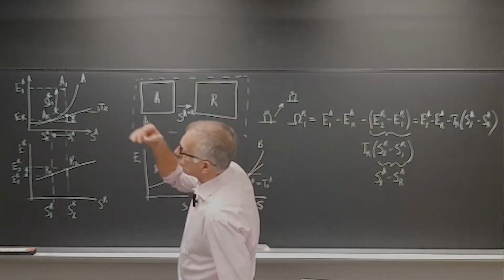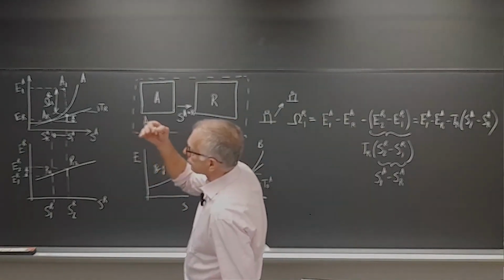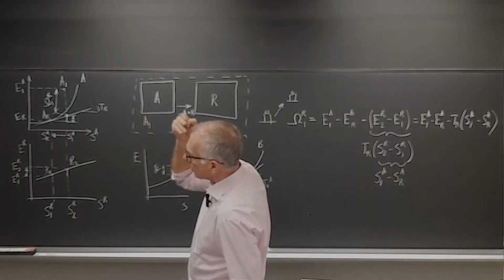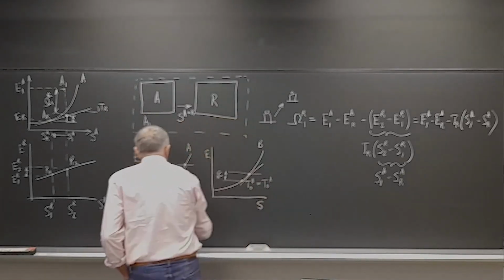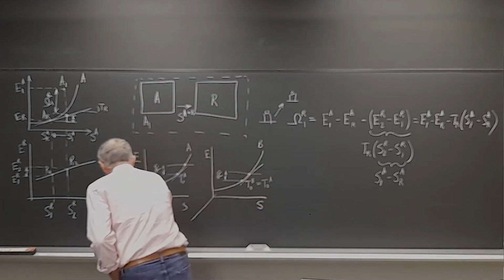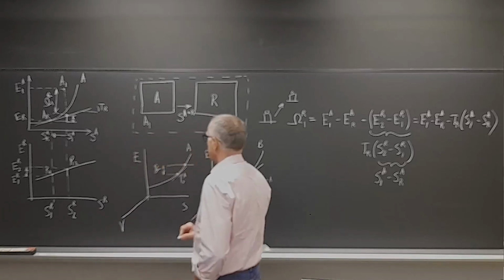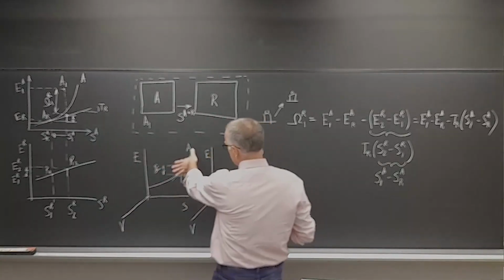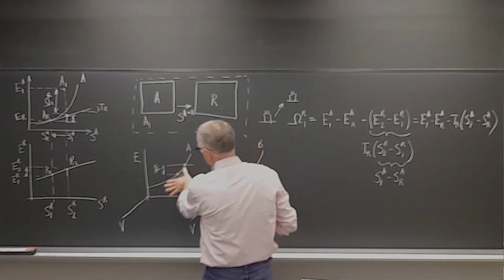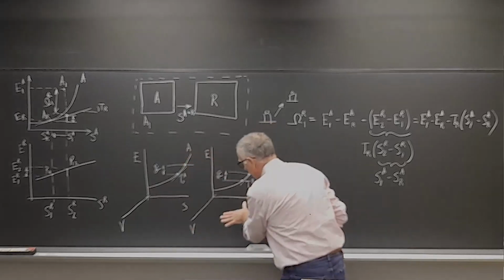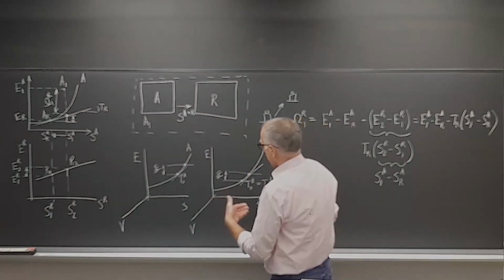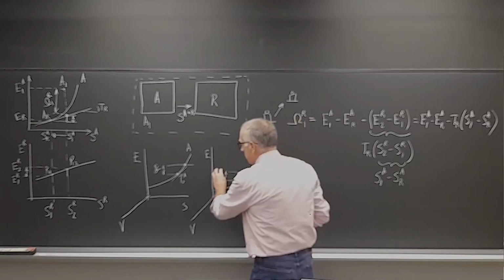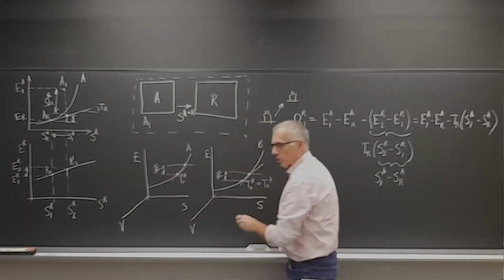Since I want to prove also equality of pressure, think also of the volume that changes. So this becomes a three-dimensional surface. I'm not going to represent it, otherwise it gets too messy. But imagine that in addition to changing the energy, I'm also going to change the volume.